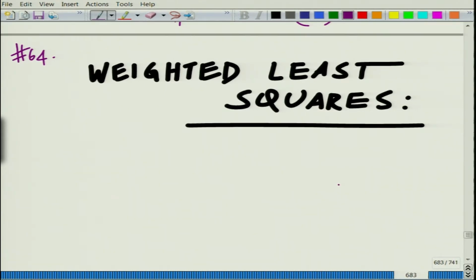What happens in the weighted least squares? Well, you have the least squares cost function, y bar minus A x bar squared. This we are calling your CLS, or conventional least squares.